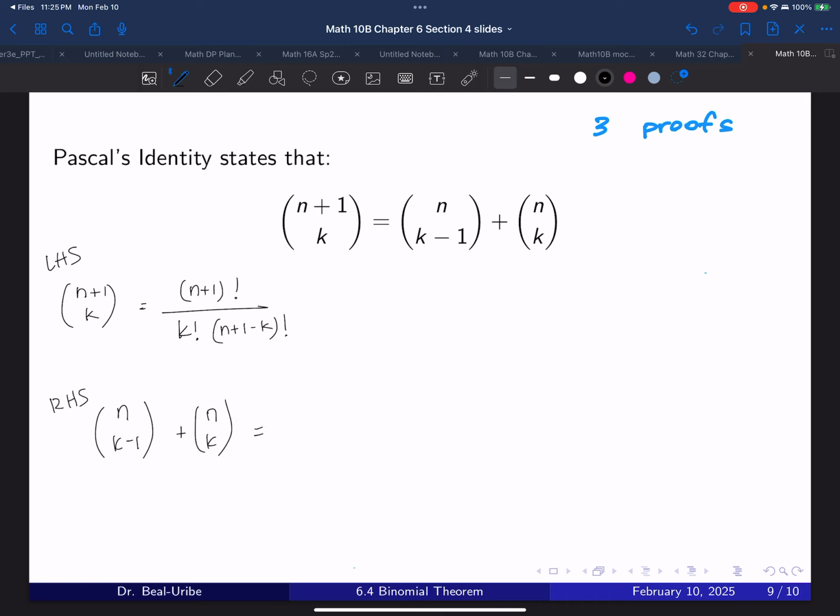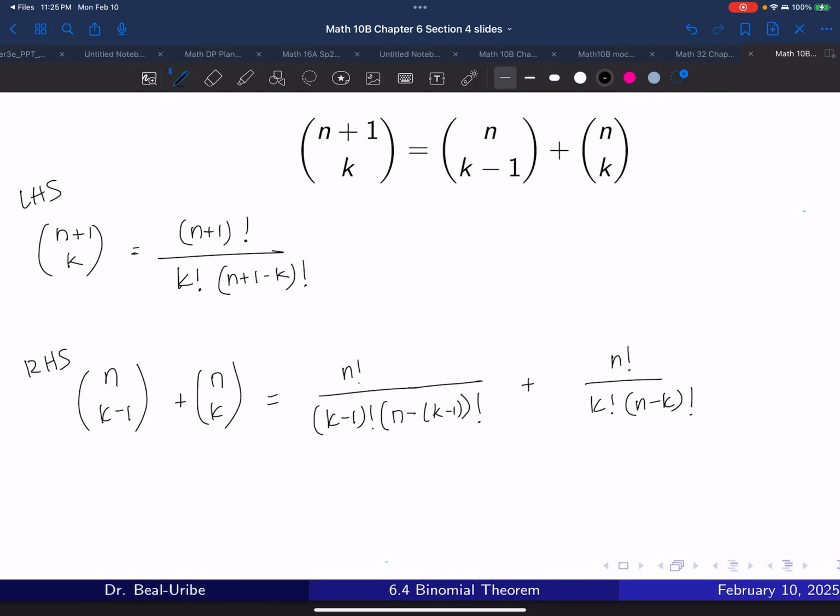And I'm going to write that as n factorial over k minus 1 factorial times n minus k minus 1 quantity factorial plus n factorial over k factorial, n minus k factorial. Okay?